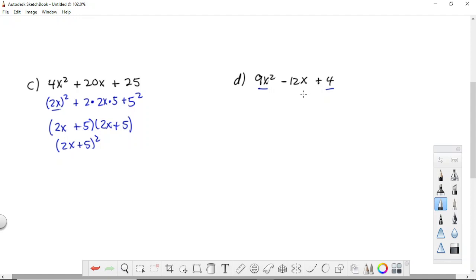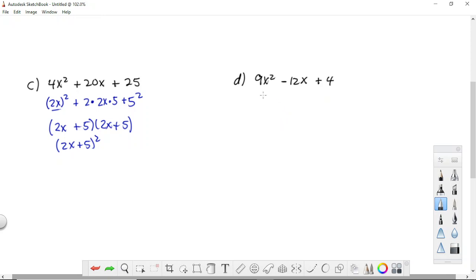So then we have to ask ourselves, does the middle fit the pattern? And we also have this pattern if it's subtracted, as long as it is 2 times the square root of this first term times the square root of the last term. We'll see what that looks like.